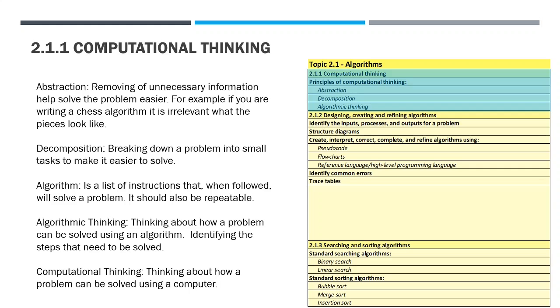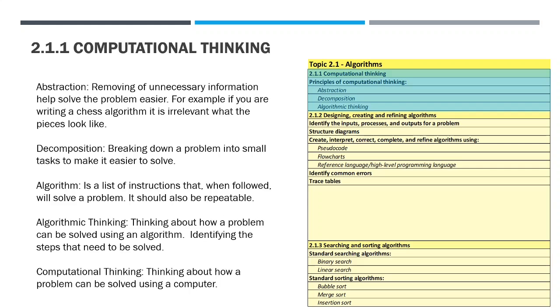Okay, so the example I've got here is if we were writing a chess playing algorithm. So we're writing a machine like AlphaZero or something to try and play chess. When that machine is learning how to play, because it's AI, so it plays itself billions of times, there is no need to worry about things like displaying the chessboard or even giving the pieces images, because this is completely pointless.